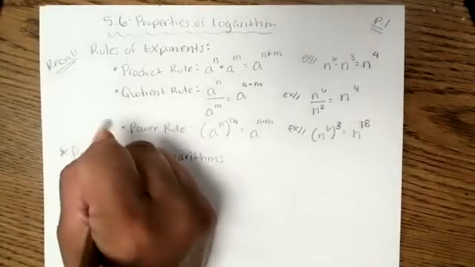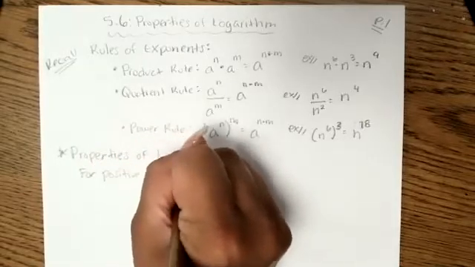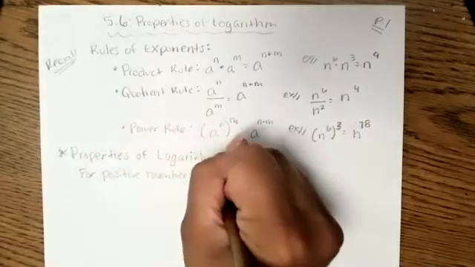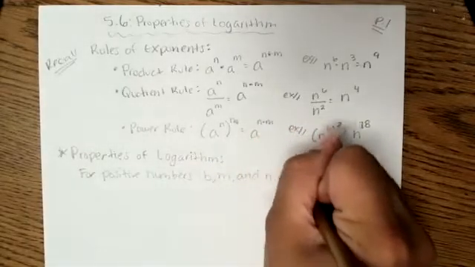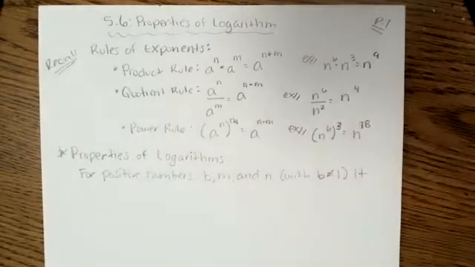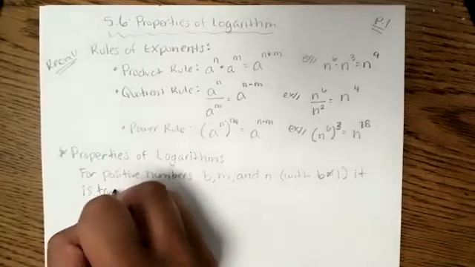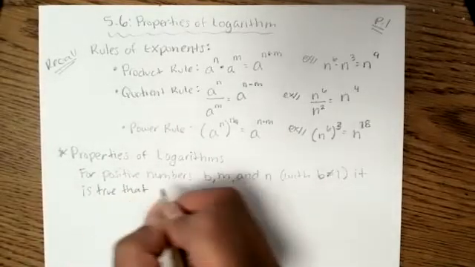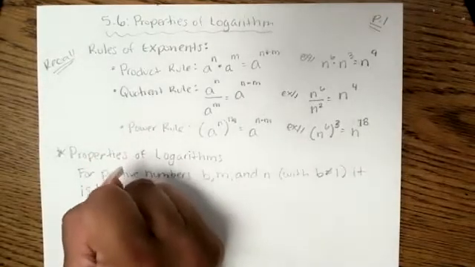For positive numbers b, m, and n, with b not equal to 1, it is true that, now this is the product property of logs.